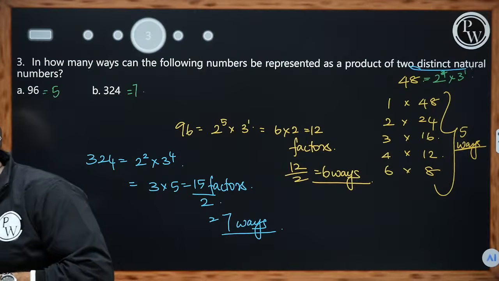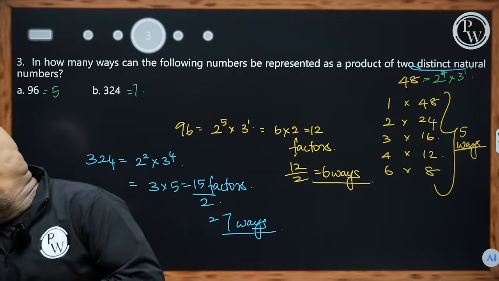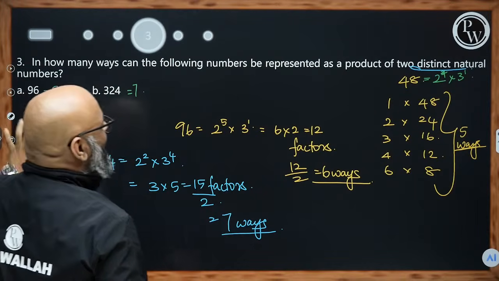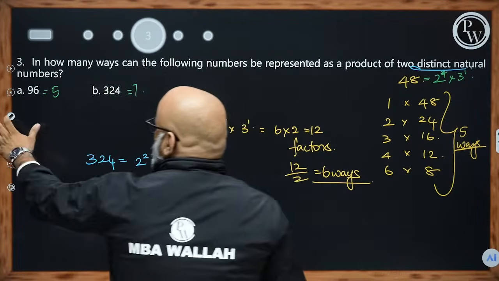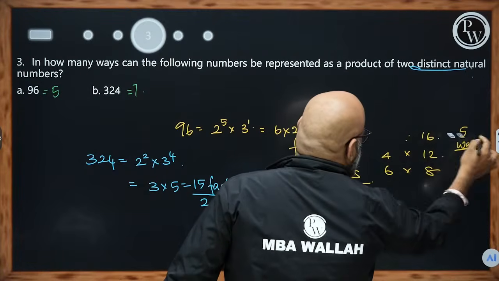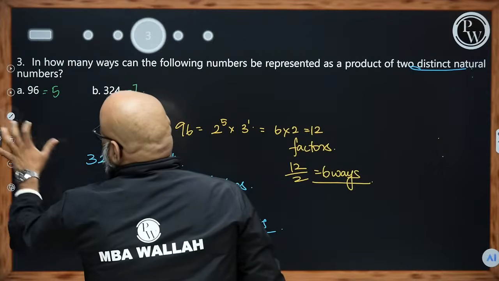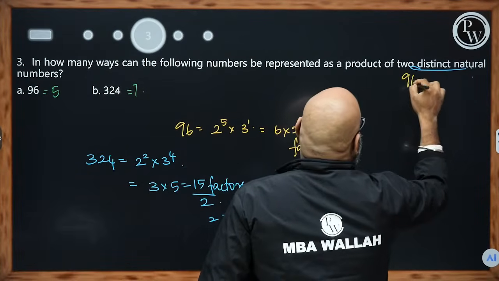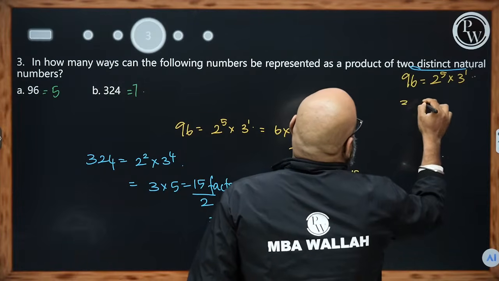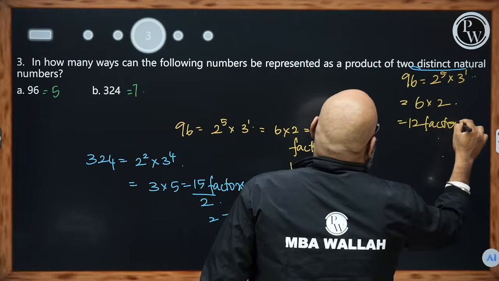Clear? Oh, the question is 96. Sorry, I did it for 48. I did an example for 48 and then I took that number. So 96 is 2 power 5 into 3 power 1. So that is 6 into 2, 12 factors.